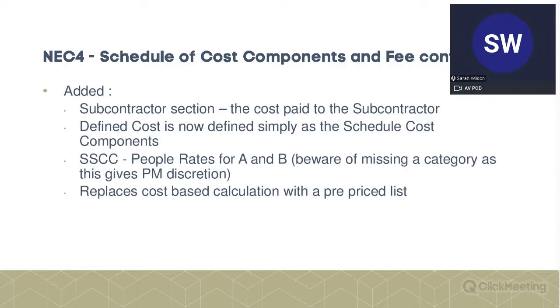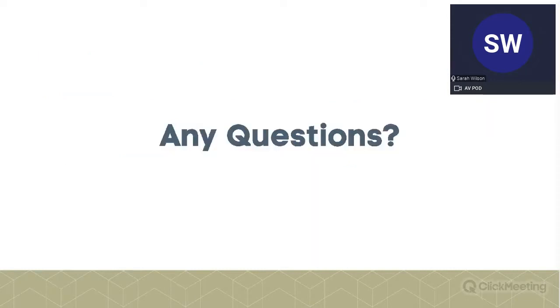And if you're doing it for the shorter schedule, beware of missing a category, because I think that gives the project manager discretion not to pay anything for that category of person. So that replaces a cost-based calculation with a pre-priced list, which is always helpful.